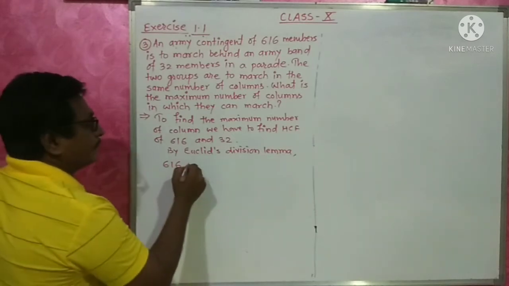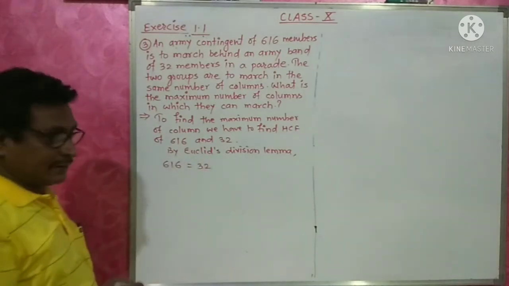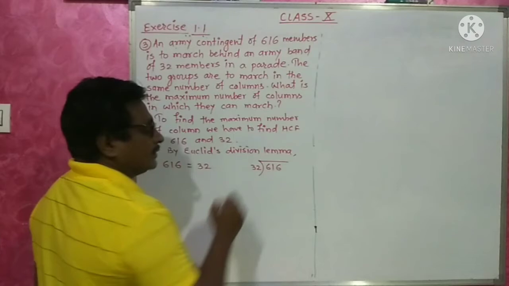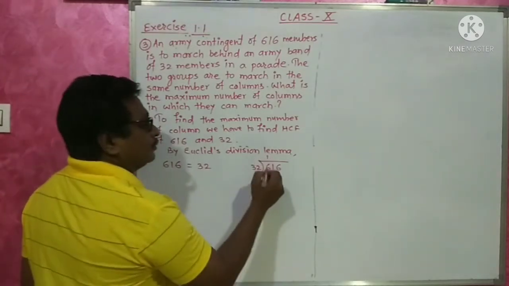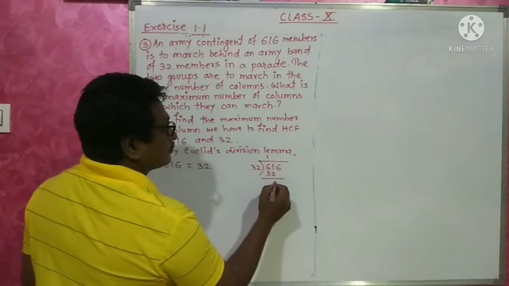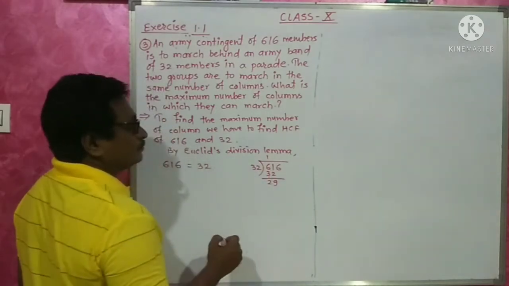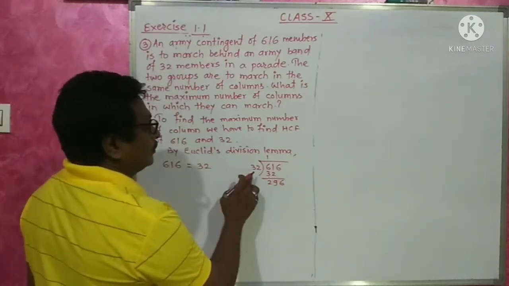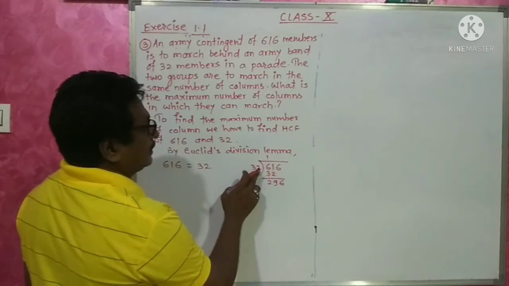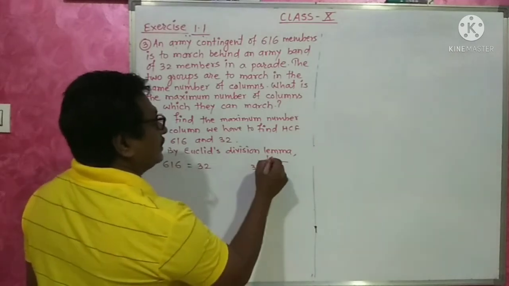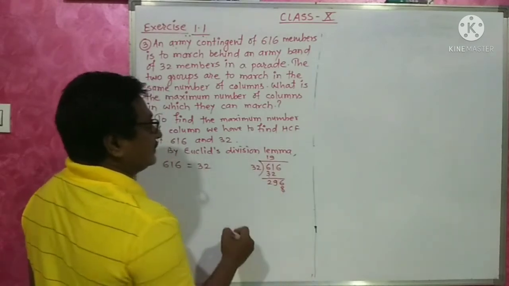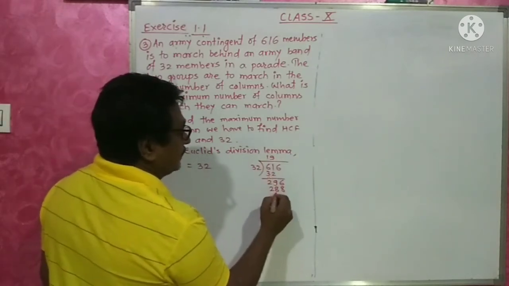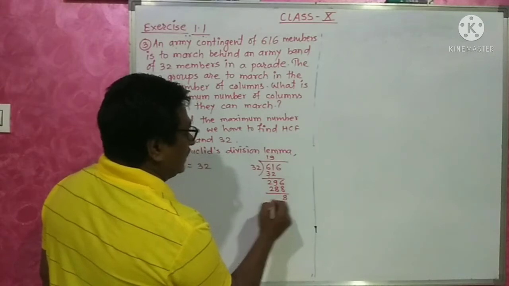Now we have to find 616 divided by 32. 32 ones are 32. 32 twos are 64, and so on, up to 32 nines, which are 288 plus 1, and 32 times 19 is 608. So what will we get? 8.